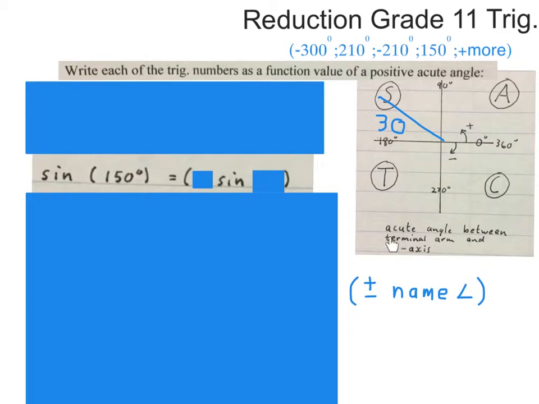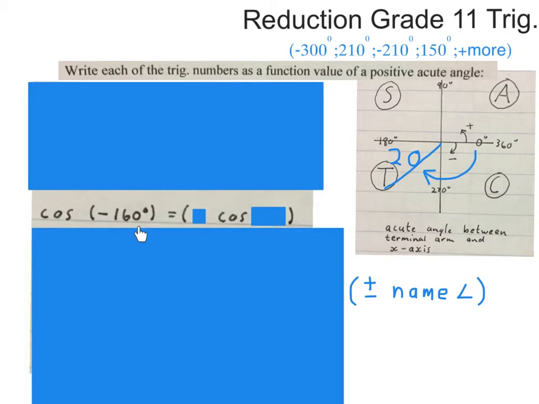Then I ask, what is the acute angle between my terminal arm and the x-axis? So from 150 to 180 will be 30 degrees. That I'll write over there. Then I need to find out if it's going to be positive or negative in that quadrant. I can see there's an S standing there, so I can put a plus over here. Final answer, plus sine 30 degrees.